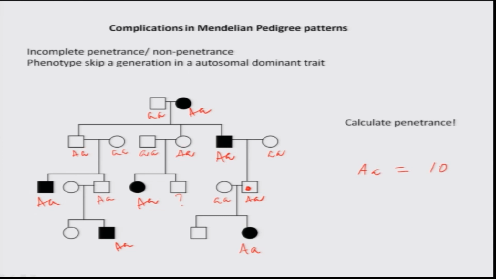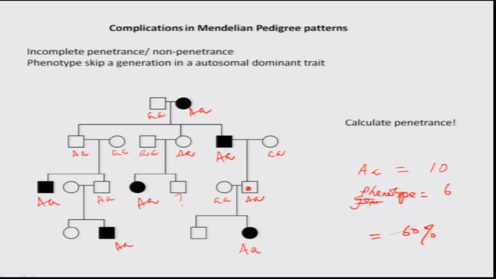Minimum is 10. How many of them show the phenotype? 1, 2, 3, 4, 5, 6. So the penetrance is 60%. So this is how you arrive at the calculation.